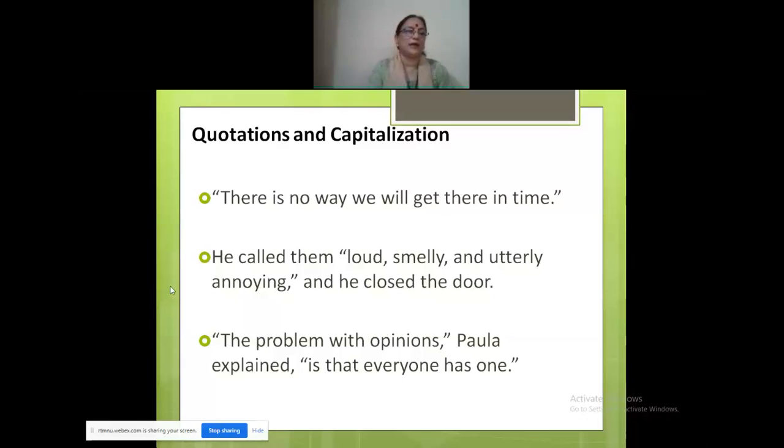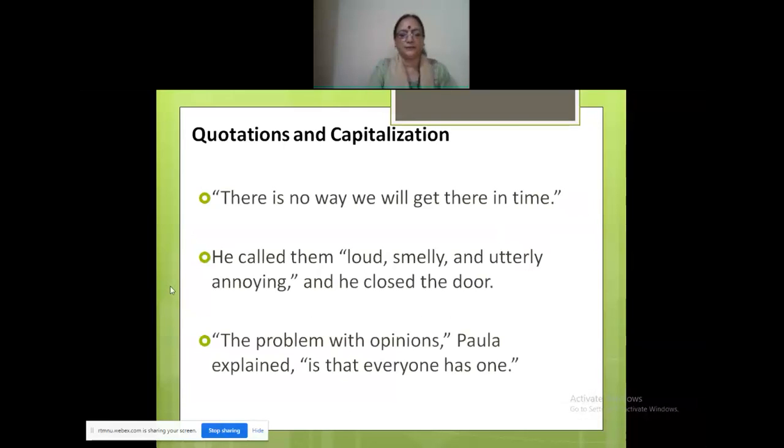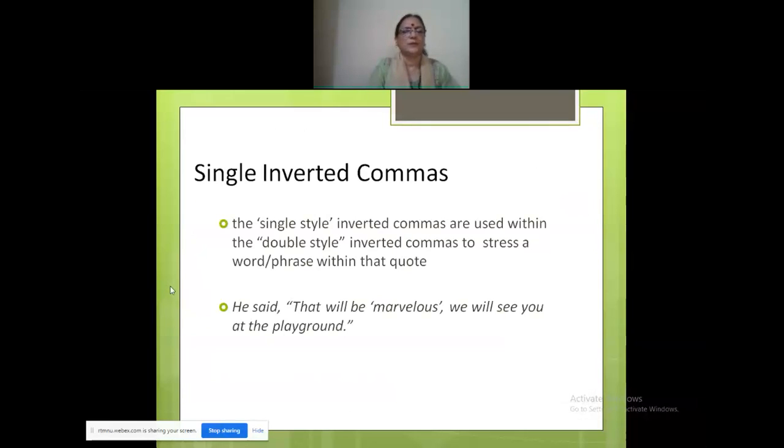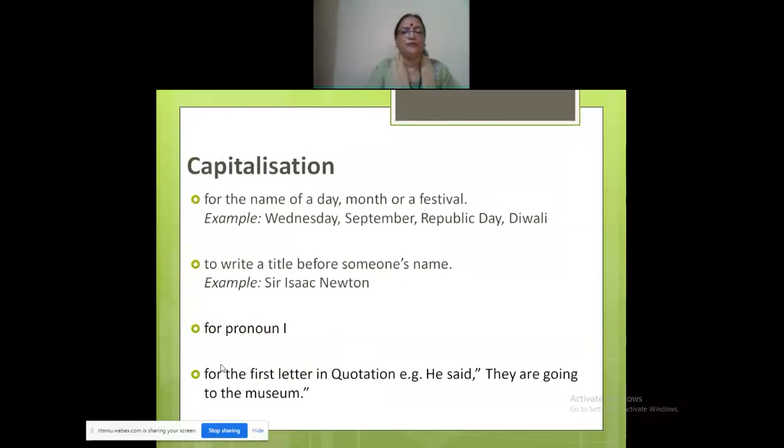Otherwise you would say, ma'am, you said the first letter in quotation is always capital. So always remember, the first letter of the quotation. If you are saying something from the middle of a quotation, he said going to the museum.